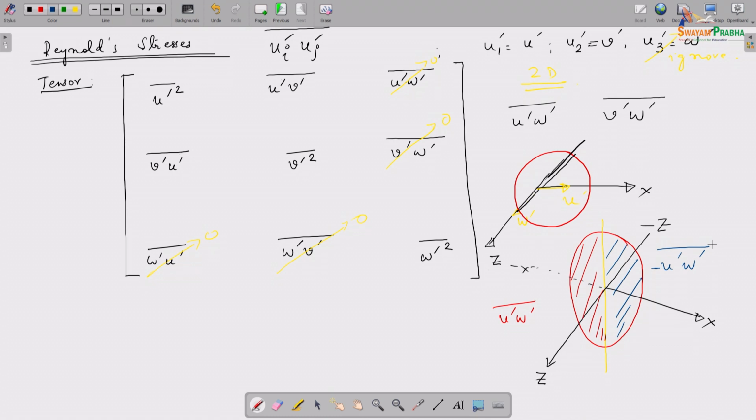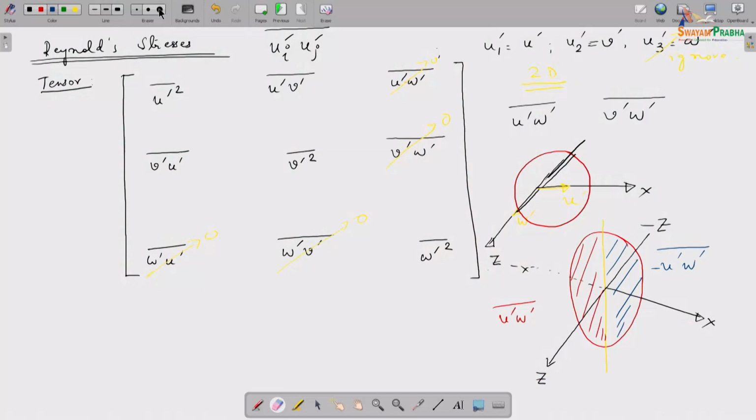This is along the Z axis. Therefore, if I take the mean of that, it will get cancelled. So this is what I mean by circumferential: because it's a round jet, we are taking into account a symmetry.